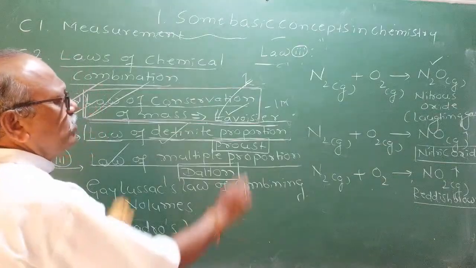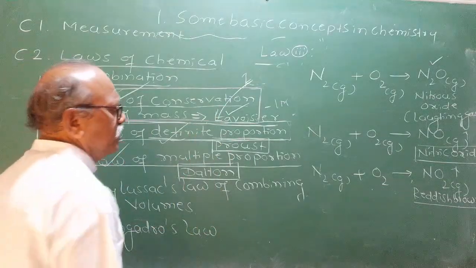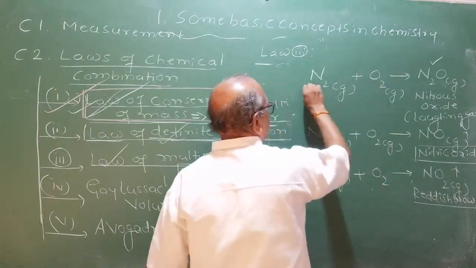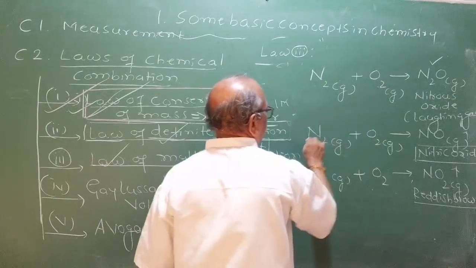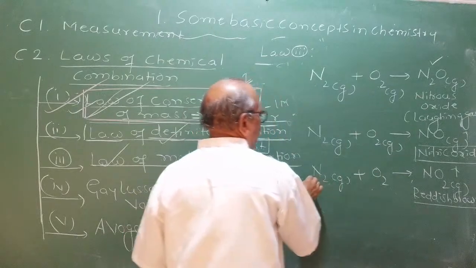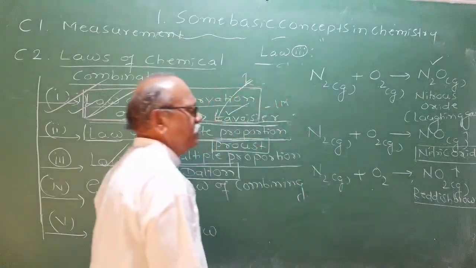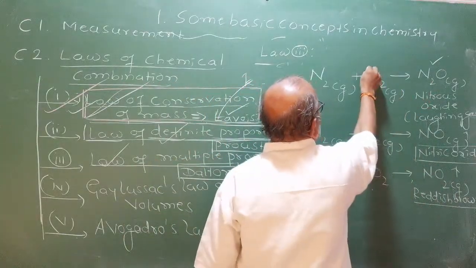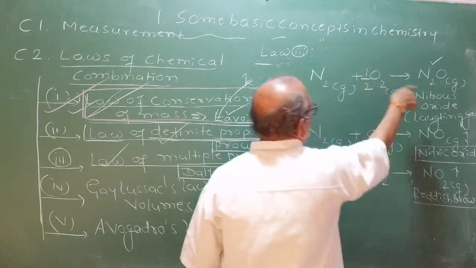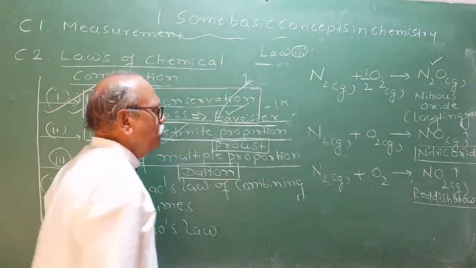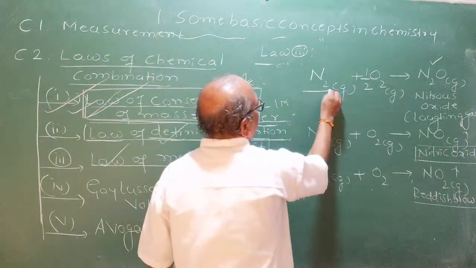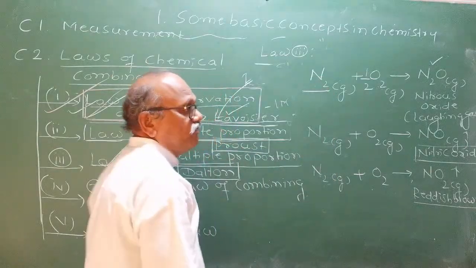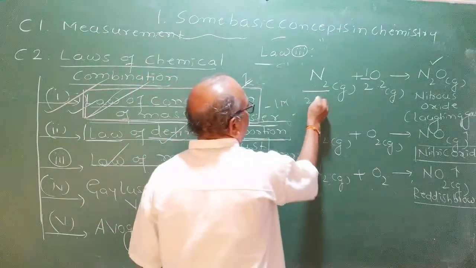Okay. Now, our question is, these reactants are the same. Nitrogen is combining with oxygen. Here also nitrogen is combining with oxygen. In the first case, it forms nitrous oxide. For that, I will take 1/2 O2. I will fix the mass of nitrogen. What is the atomic mass of nitrogen? 14. 14 twos are 28 grams.